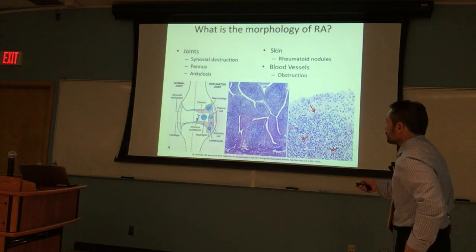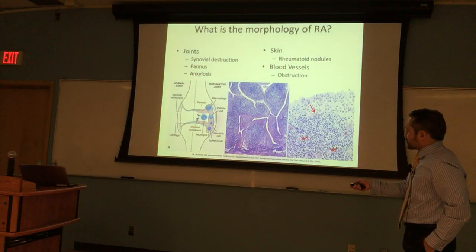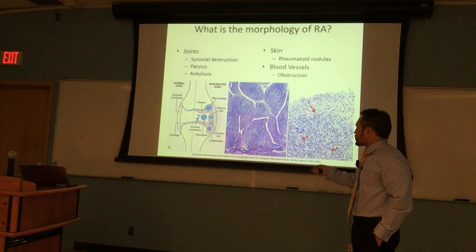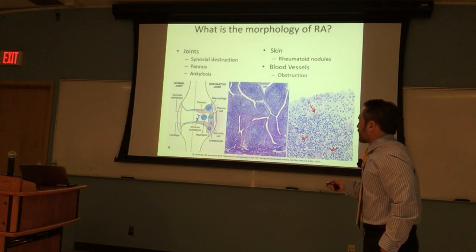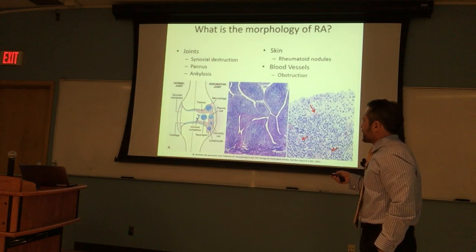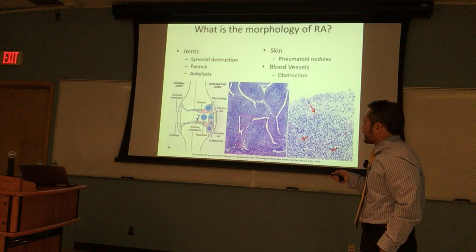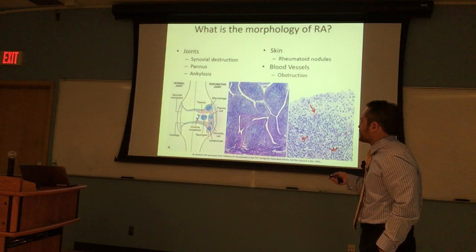So this is dividing the joint right down the middle. We've got a normal joint on your left. We've got a rheumatoid joint on your right. And what I want you to be able to appreciate is the type 2 collagen that's present within this joint space is encouraging the recruitment and the activation of these immune complexes.